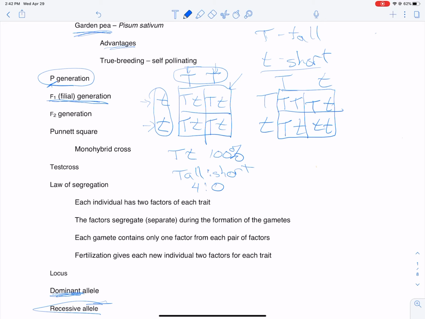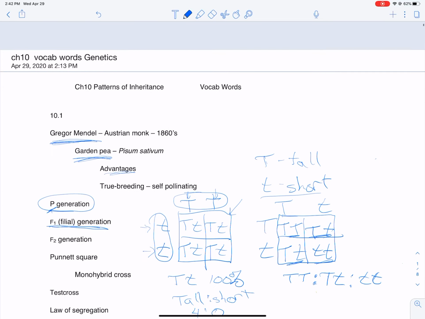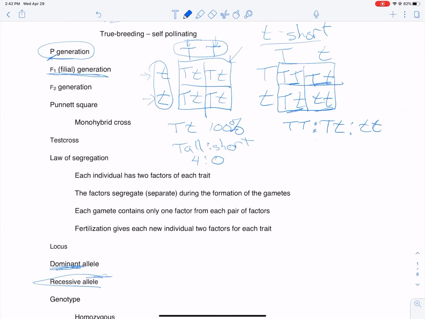Now all of a sudden, if I take a look at the genotype, I have some different genotypes. I have capital T, capital T, I have capital T, small t, this one and this one, and I have small t, small t. And if I count those, I have 1 to 2 to 1.